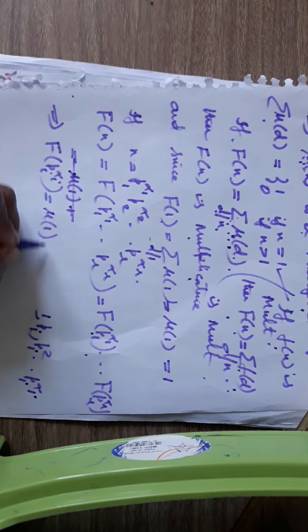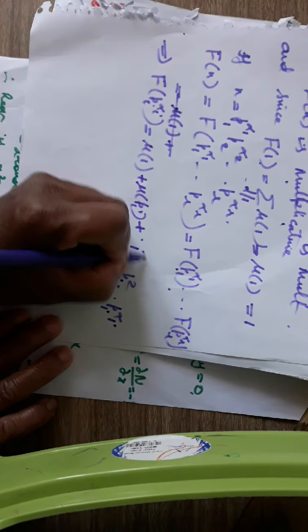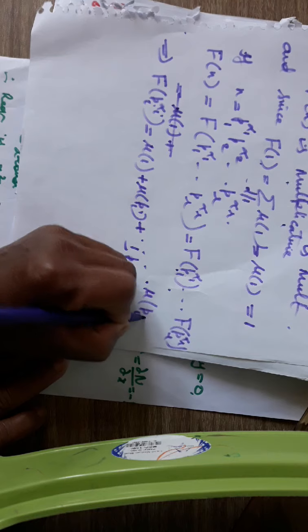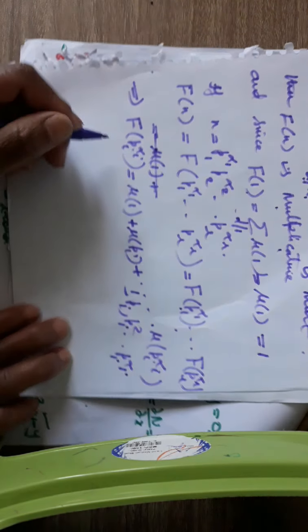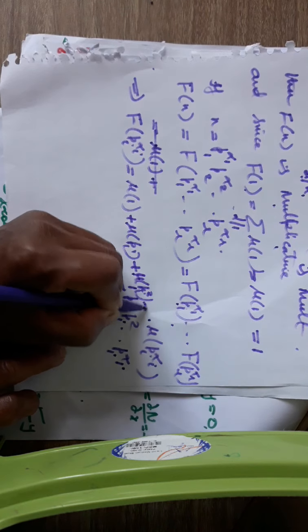So it will be mu of 1 plus mu of pi plus up to mu of pi to the power alpha i. Next after this will be mu of pi square and so on.